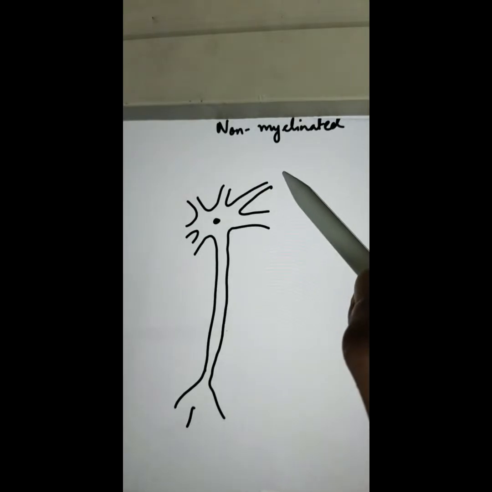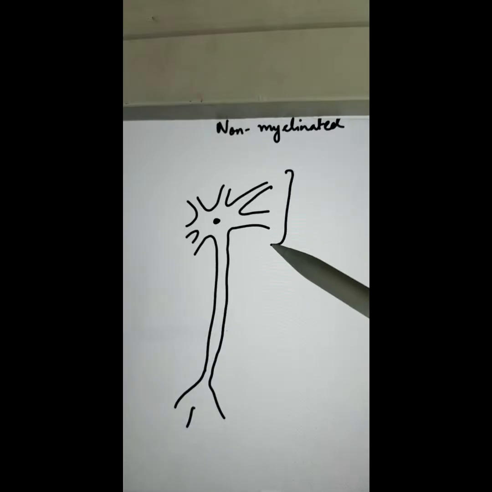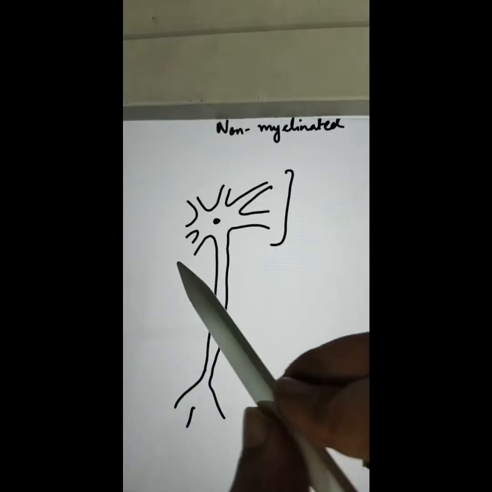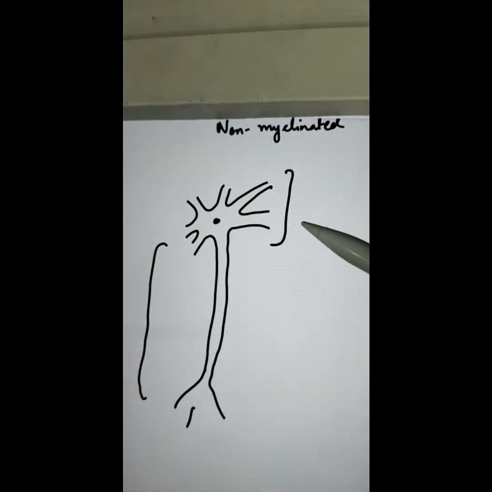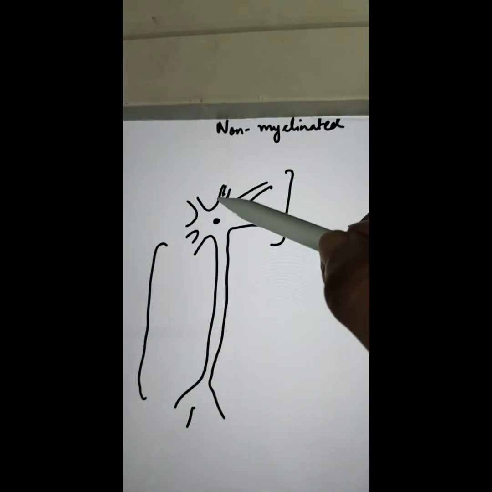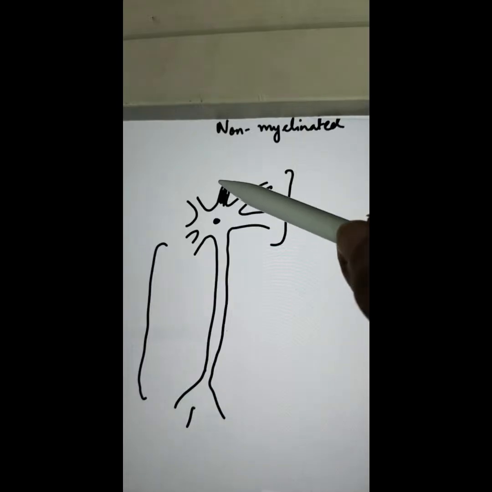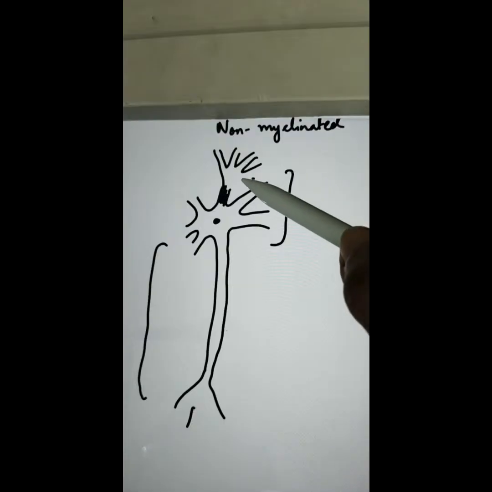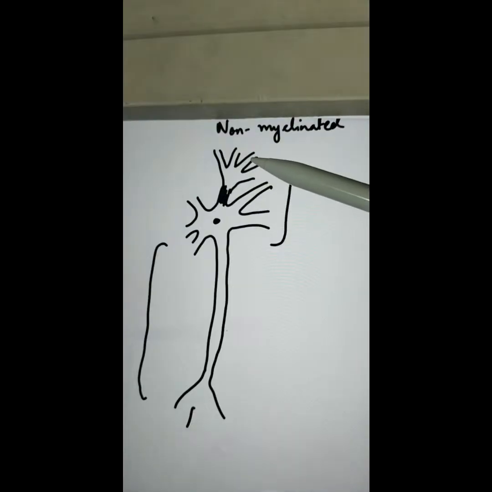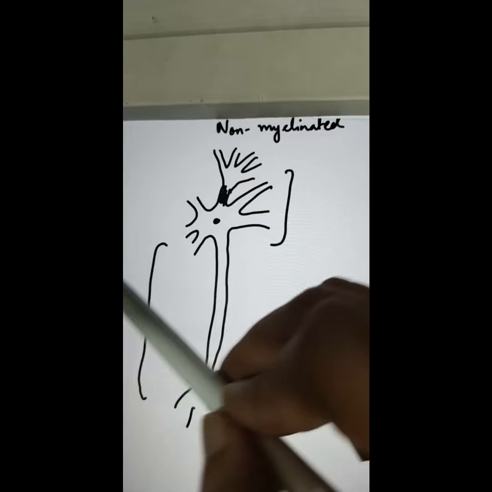So this terminal part is known as cyton, soma, or cell body, and this cylindrical structure is known as the axon. These structures are known as dendrons, and when they show branching, they form dendrites. Dendrites are also known as the receptors.